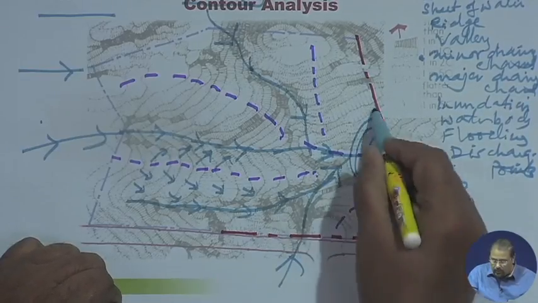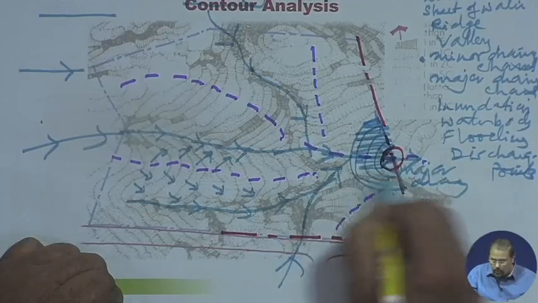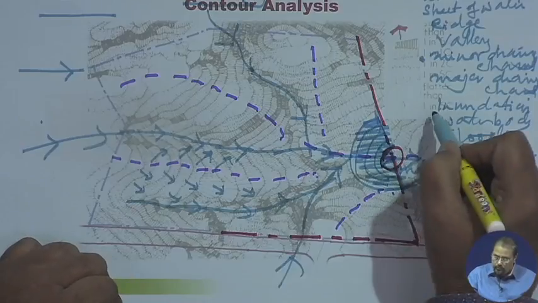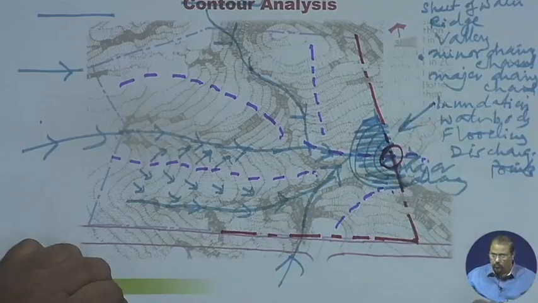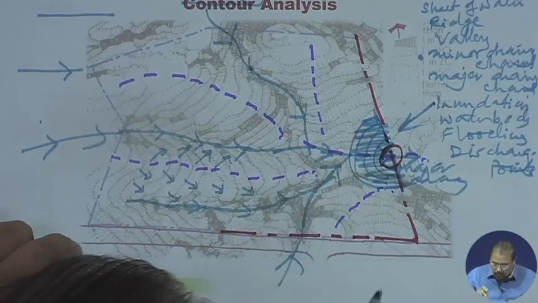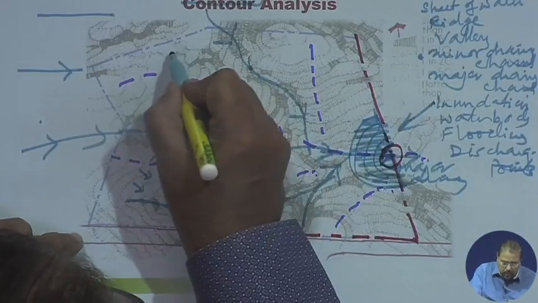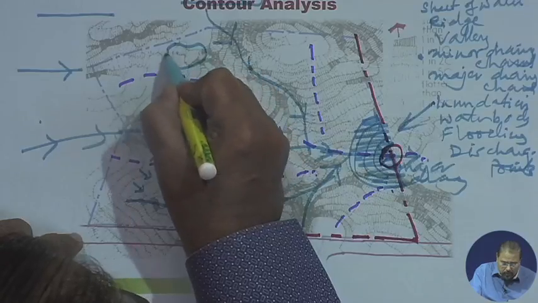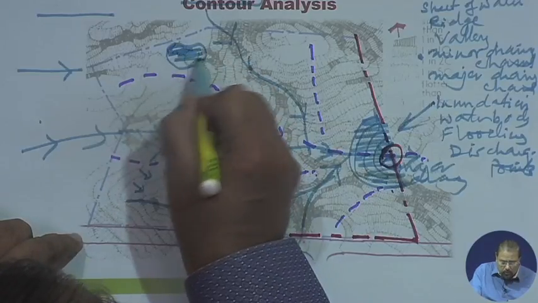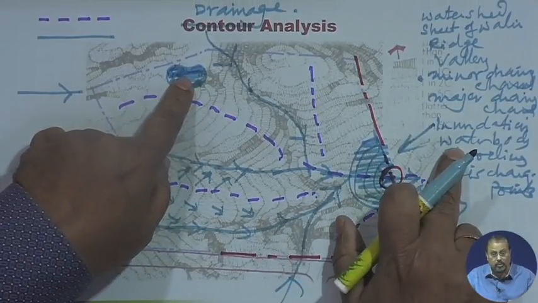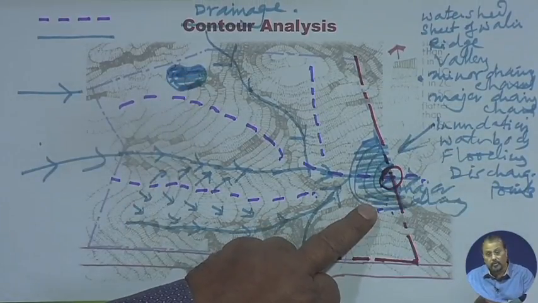This is the zone which I will consider as the area subjected to inundation. If suppose in my site I have found somewhere, I am just drawing an example, a stagnant water body in which water is not being drained out, it is just contained within. This is the water body which I have listed over here. This is the area which is subject to inundation.